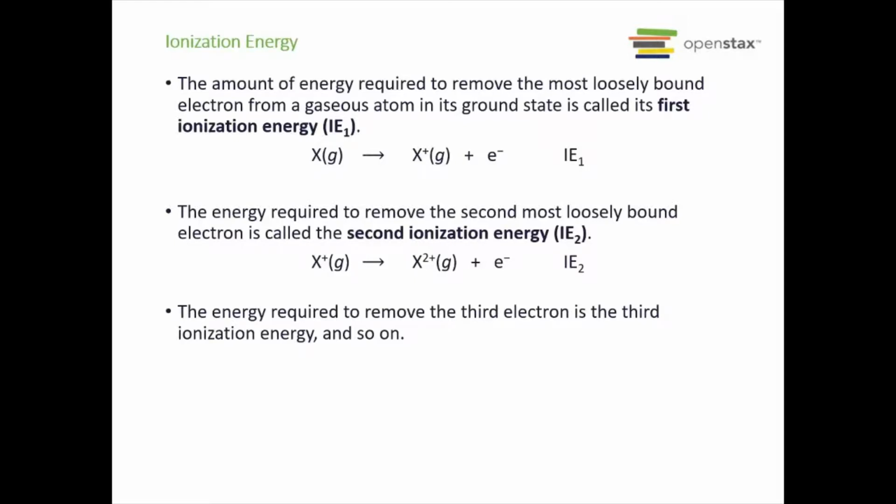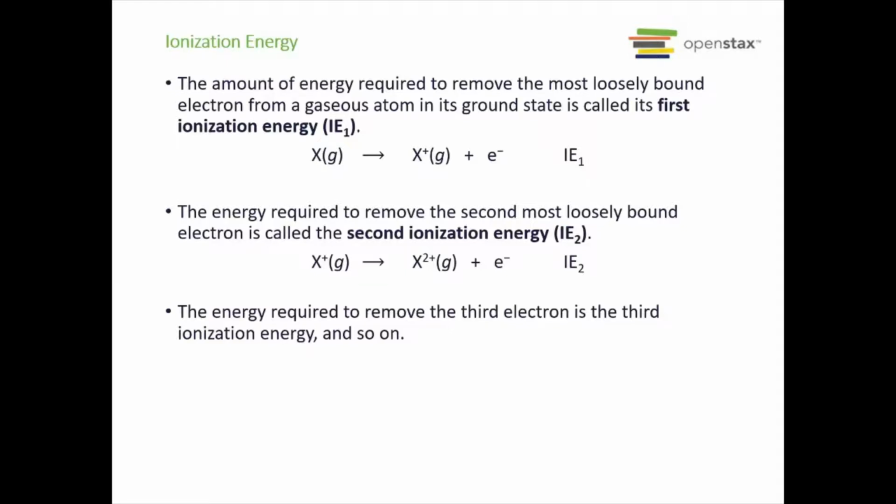So this brings us to our next property, ionization energy. So what this is, it's the amount of energy required to remove the most loosely bound electron from an atom in its gaseous state in the ground state. And this is called its first ionization energy, or IE sub 1.